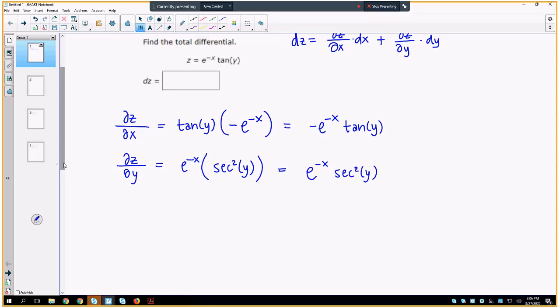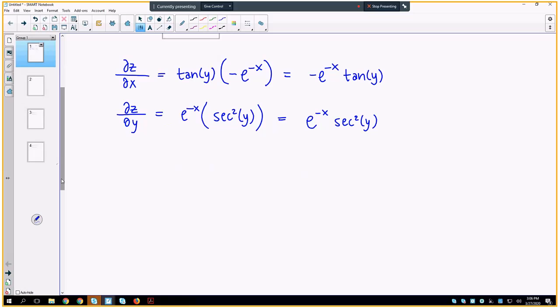Then to answer my question, dz, the total differential, is equal to del z del x, which is minus e to the minus x tangent of y, dx, plus del z del y, which is e to the minus x secant squared of y, dy. And that answers my question.